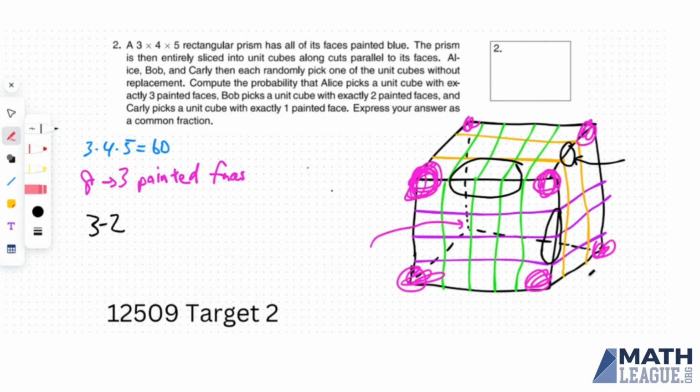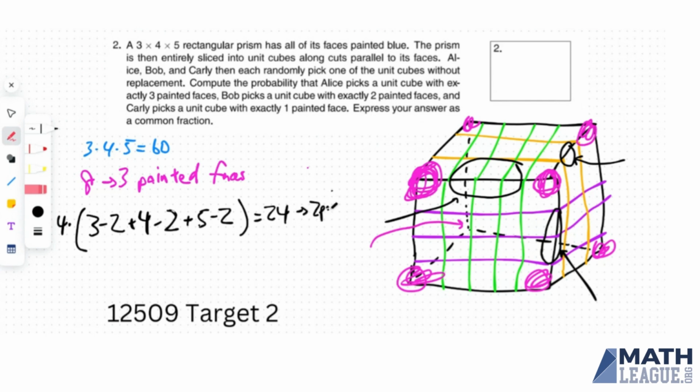On an edge of length 4, there are going to be 4 minus 2, which is 2. And on an edge of length 5, there are going to be 5 minus 2, which is 3. As we said, there are 4 of each length of edge. So that's 4 times 1 plus 2 plus 3, which is 24 with 2 painted faces.